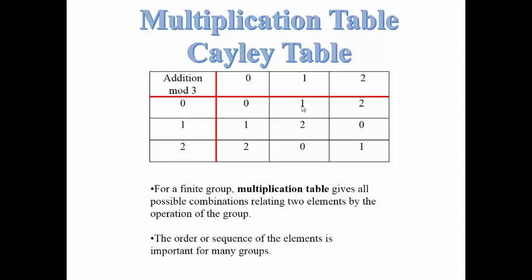The order or sequence of the elements is important for many groups. That is, sometimes element 1 operation element 2 is different from element 2 operation element 1.